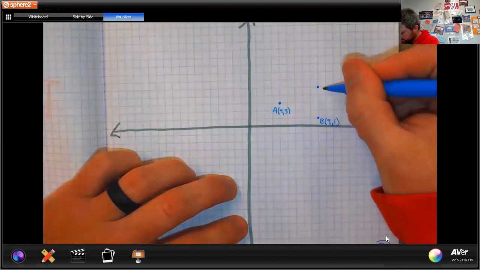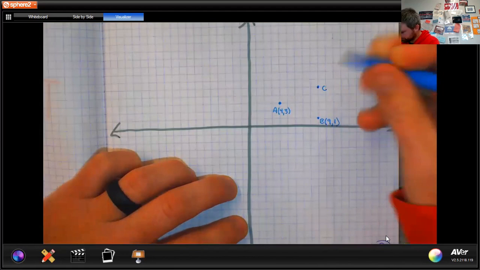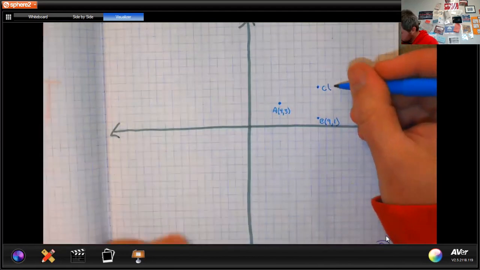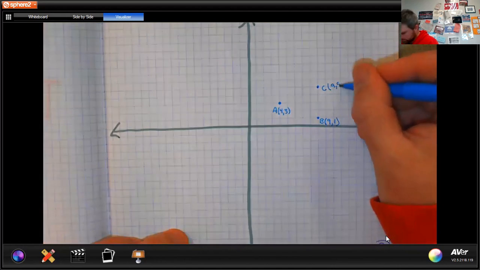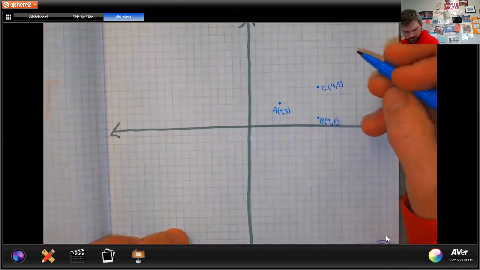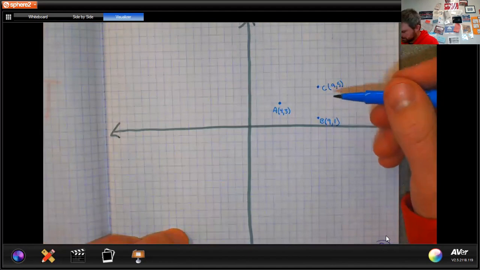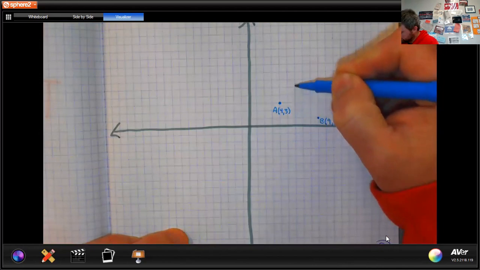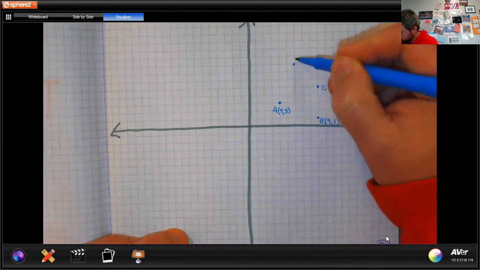We'll put this as C. C is at (9, 5). And then we'll put point D at (6, 8). So 4, 5, 6, and 3, 4, 5, 6, 7, 8. So D is at (6, 8).